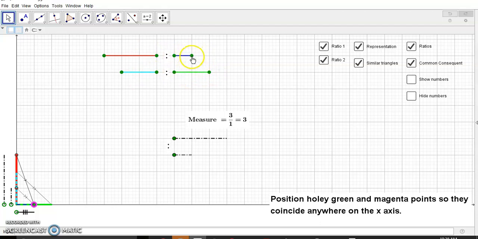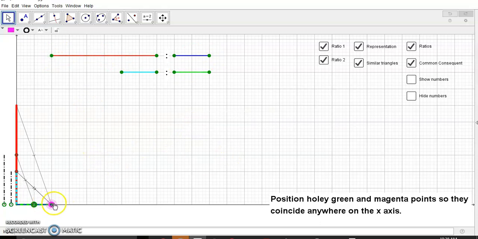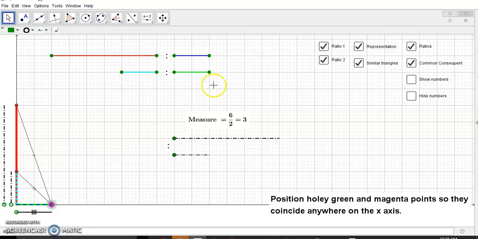If we extended this one here to be the same as this one, then we'd have that result, which is still the same. We could move this along here, and same result as before. So it doesn't matter which consequent or which proportional ratio you decide to choose in order to calculate the quotient.